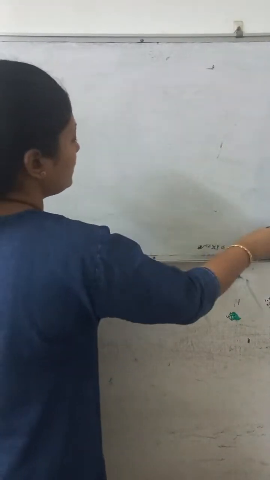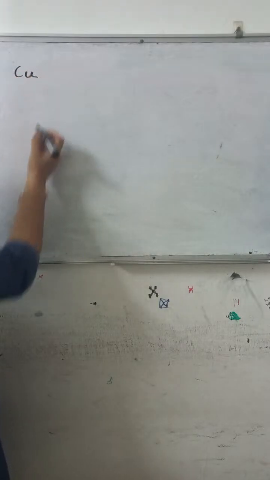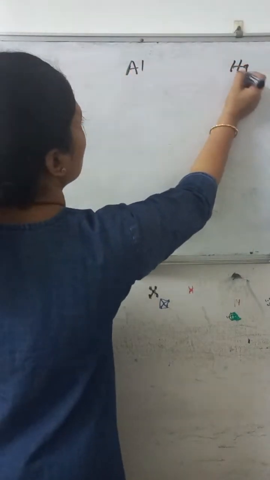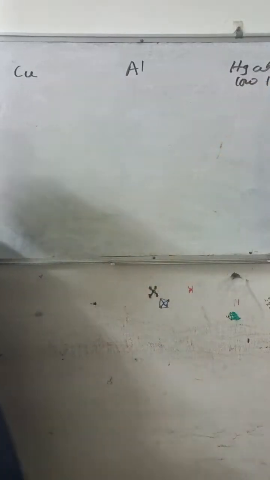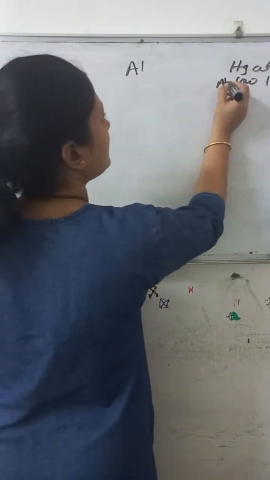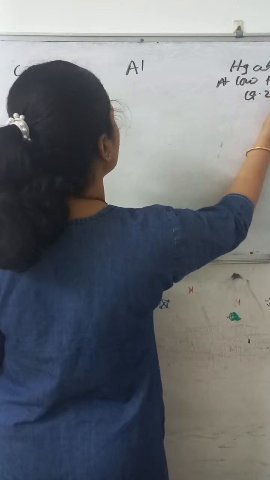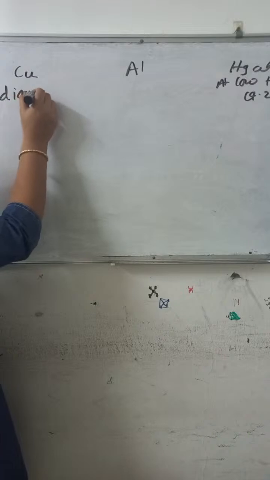Very important. Okay, so here I will make three columns. First is for copper, then aluminium, and Hg, that is mercury, at very low temperature, that is 4.2 Kelvin they give. Copper is, remember, always a diamagnetic material.